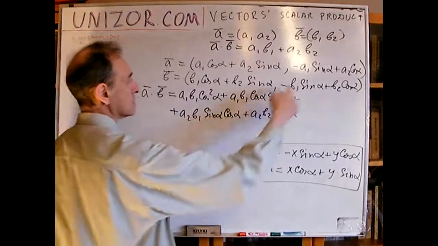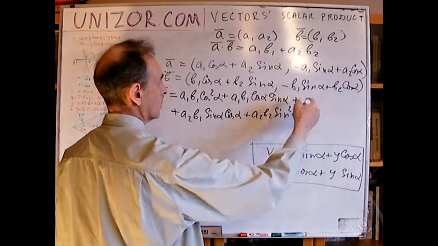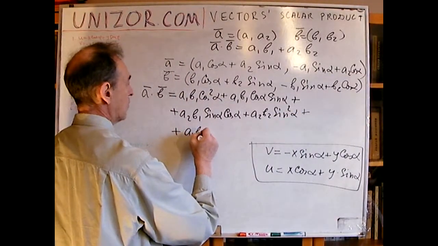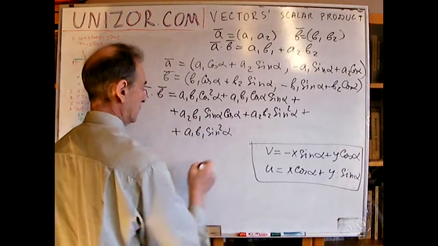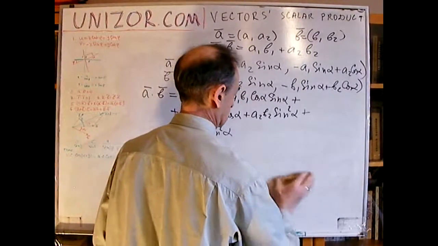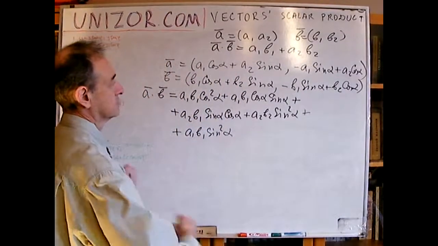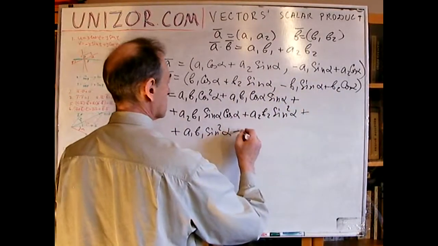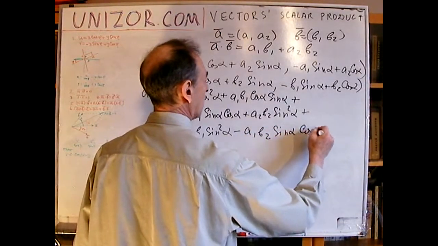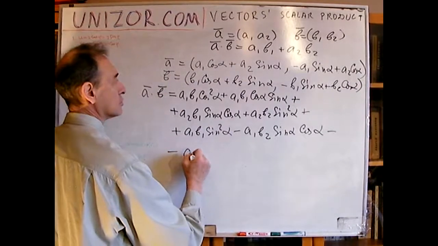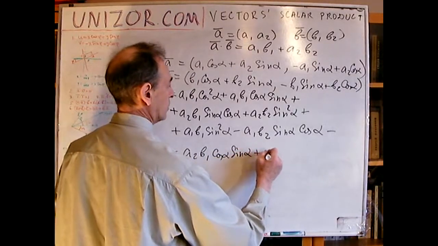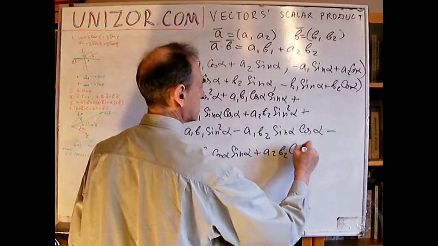Now I have to add to this the result of multiplication of these two. So it's plus A1 B1 sine square alpha minus A1 B2 sine alpha cosine alpha minus A2 B1 cosine alpha sine alpha plus A2 B2 cosine square alpha.